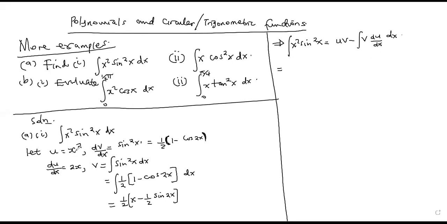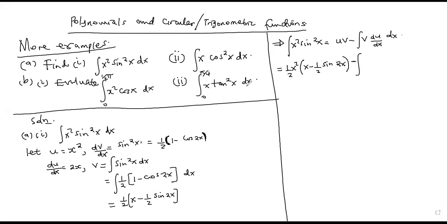You just substitute: it will be x squared times v, which is a half times x minus a half sine 2x, all right?